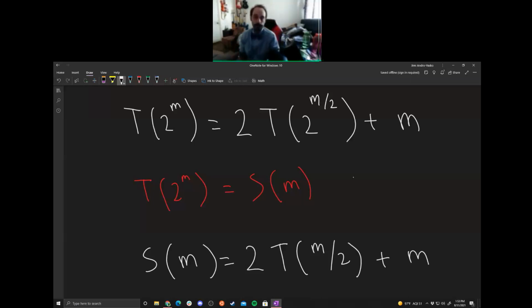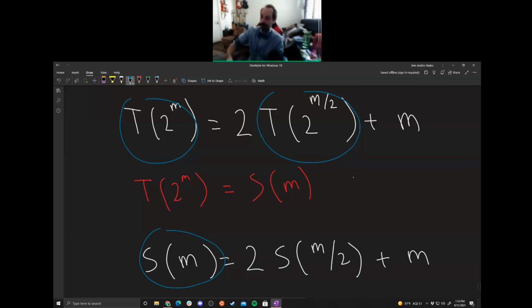Oops, that's supposed to be S right there, my mistake. So we replaced, just like in the last example, these two with this. That's all we did. So now we have to solve S(m).